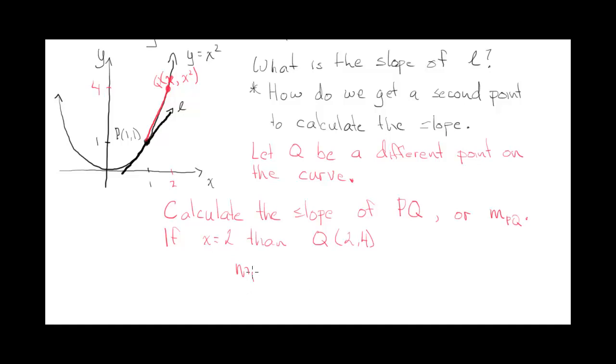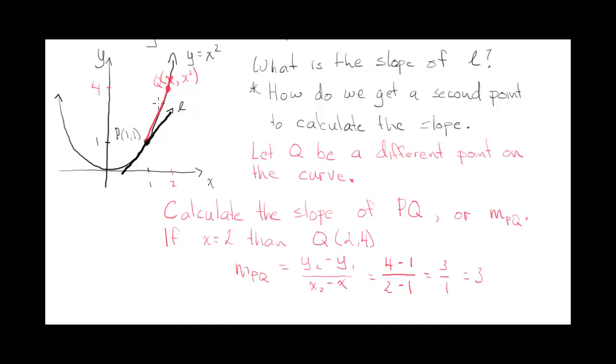The slope of PQ would be, we know the formula for slope, y2 minus y1 over x2 minus x1, or rise over run. So that would be 4, the y value of Q, minus 1, the y value of P, over 2 minus 1. That's 3 over 1, which is 3.